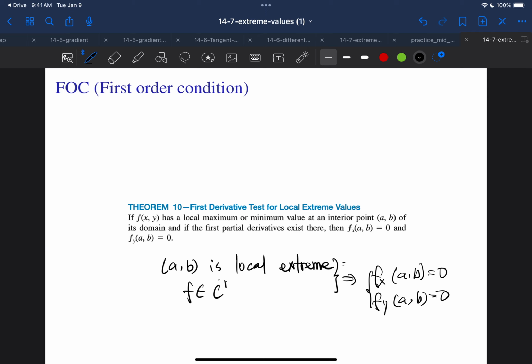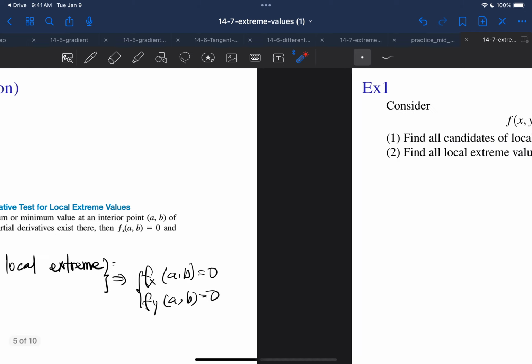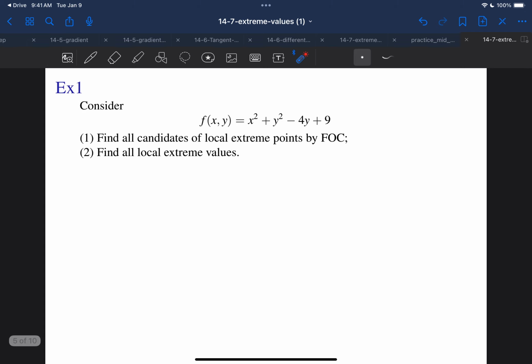It doesn't tell you that if you have partial derivatives equal to 0 at a certain point, then it has to be a local extreme. In the two-dimensional case, this is often a very tricky question, and it goes to some other concept which will be mentioned later. So here's the question about how to find local extreme points.